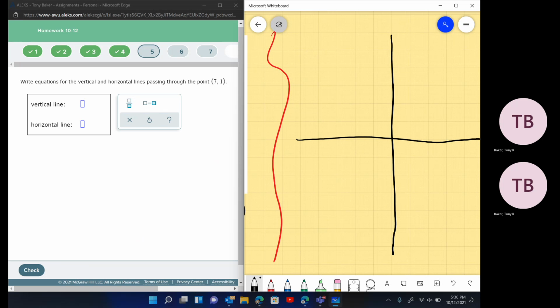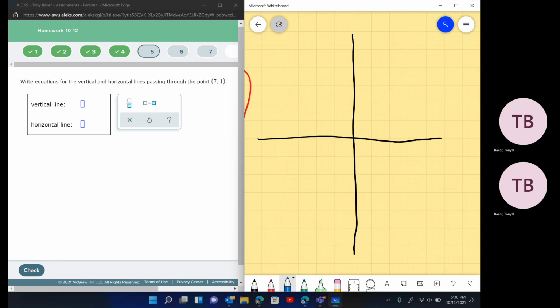Okay, so if I was going to draw a horizontal line on this graph, which axis would it cross? Would it cross the x-axis or the y-axis? If I was drawing a horizontal line, it's going to cross the y-axis, right?